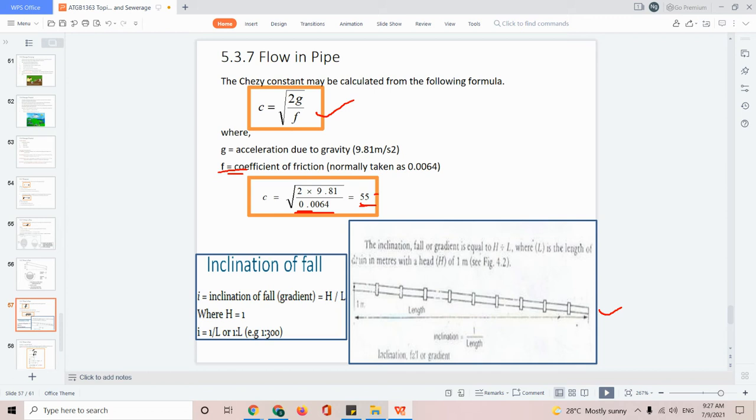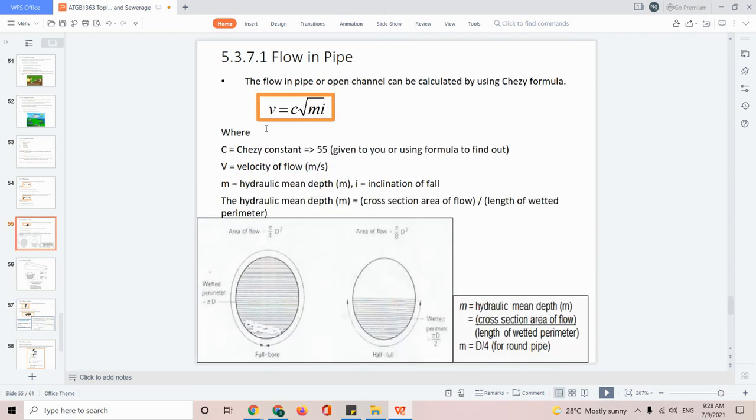You can either be given this value straight away, or you can be given this F, and based on this F, you can work out your Chezy constant value. So I think this is pretty straightforward for your C and for your I.